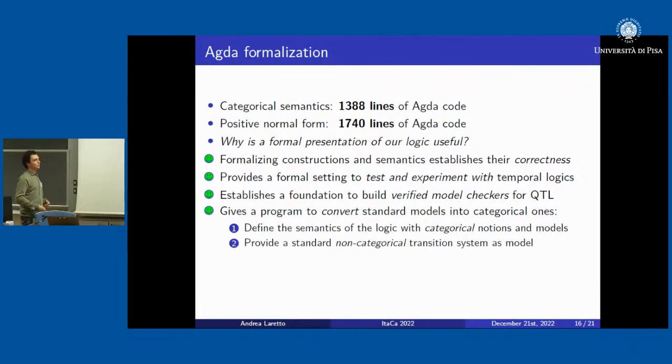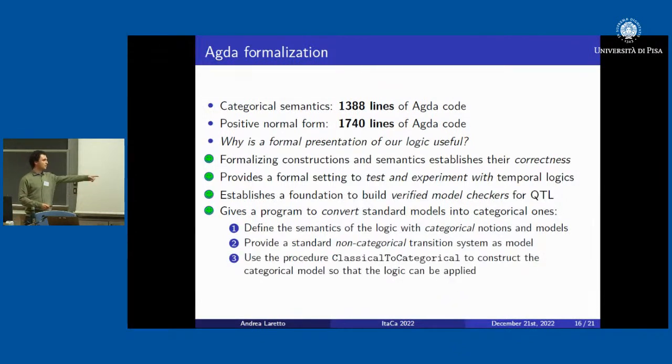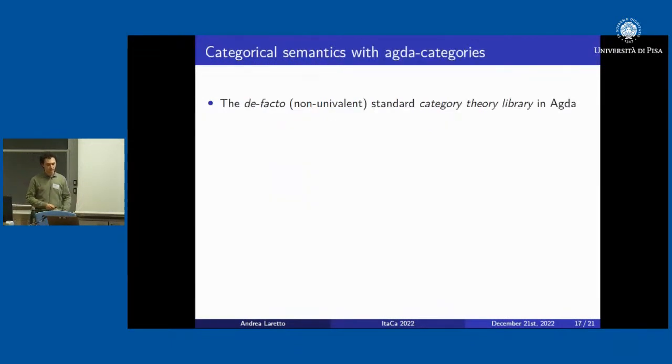And then the user, for example, might want to provide a standard non-categorical transition system as the model of interest. And then you use the procedure that we have defined, which constructs the categorical model from the classical one, so that you can apply the semantics that you've defined using categorical tools.